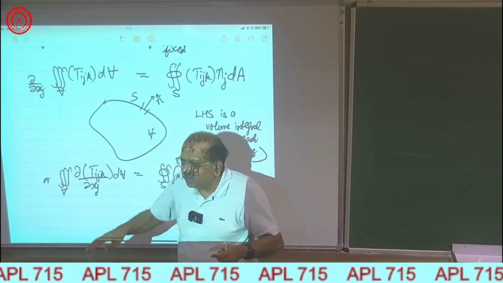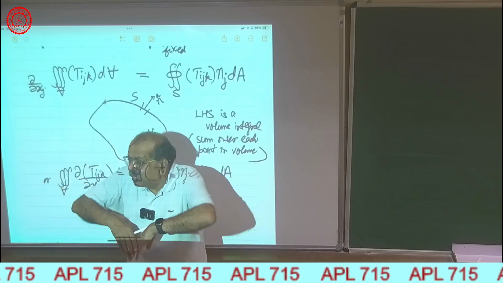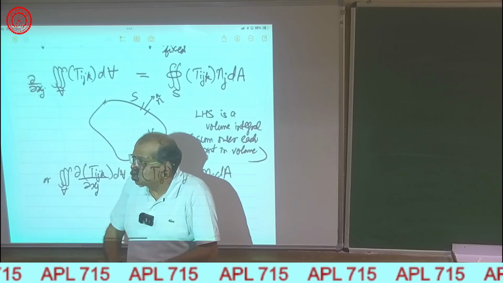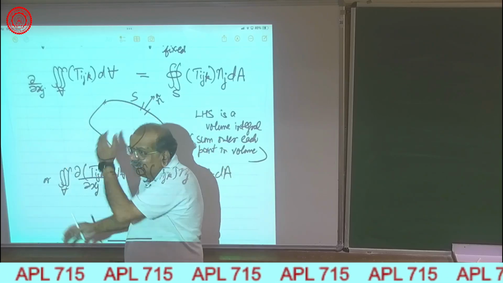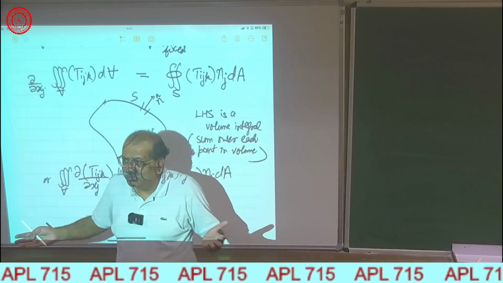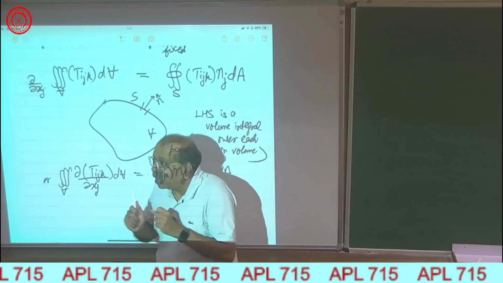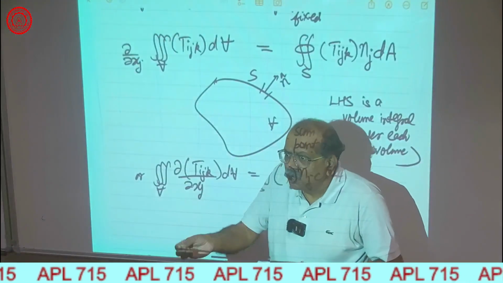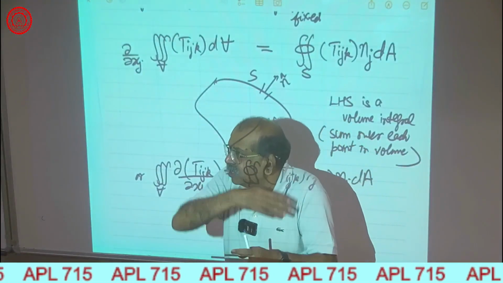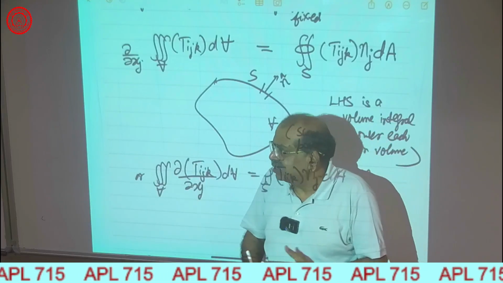This quantity will just distribute Tijk within the volume. Nothing will come from outside. Whatever exists inside will just be redistributed within the volume. That is the role of it, and that's why this term is also called the transport term. It does not create anything. Whatever was existing inside this volume, it just redistributes. So that is the role of the divergence.